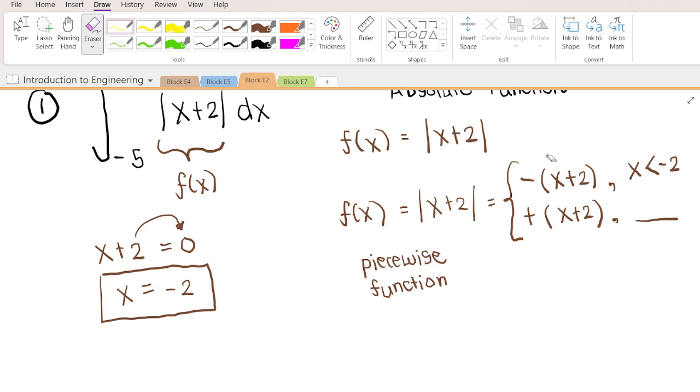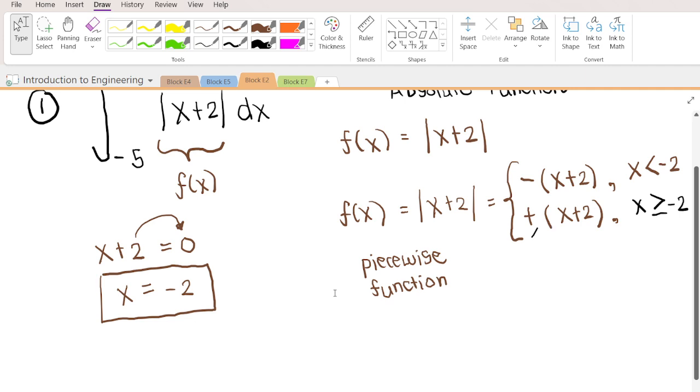And if the values of x are greater than or equal to negative 2, then you need to use this one. That's how you create the piecewise function of an absolute function.